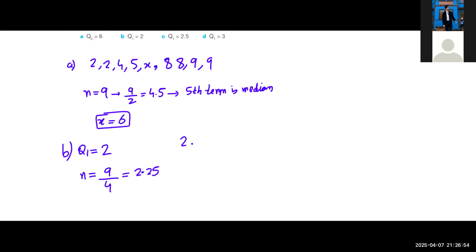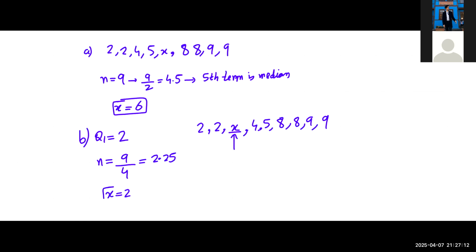What if we just put it here? As you can see, if we put it here, we will get the lower quartile to be 2. So if you put x there and you make x equal to 2, the lower quartile is 2. Okay? Is this making sense?